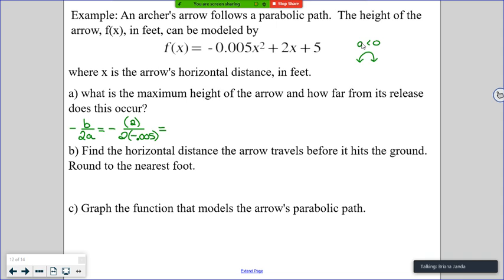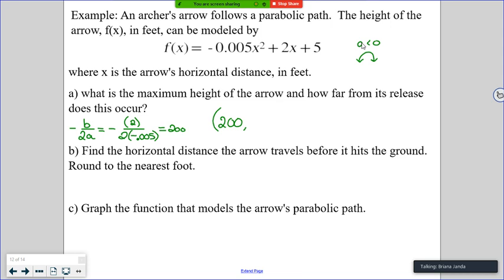Again, that's a calculator problem. What do we got for that? 200. So in my vertex, that's our x value, right?